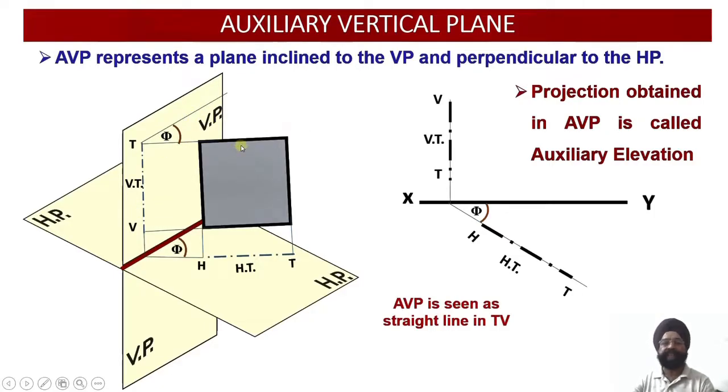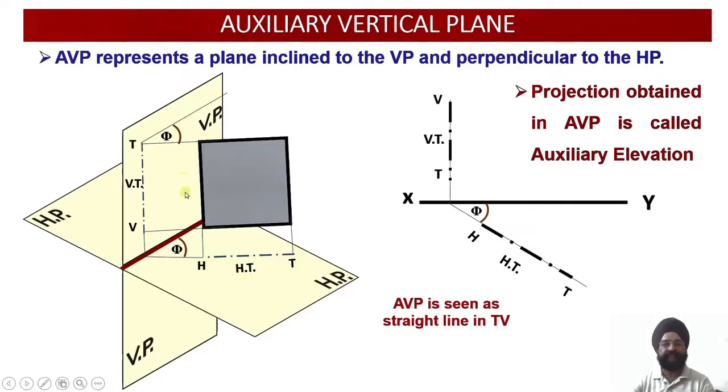If we extend our AVP vertically downwards and project it onto the horizontal plane, the intersection of the extended portion of this AVP with HP will provide the horizontal trace of this AVP.